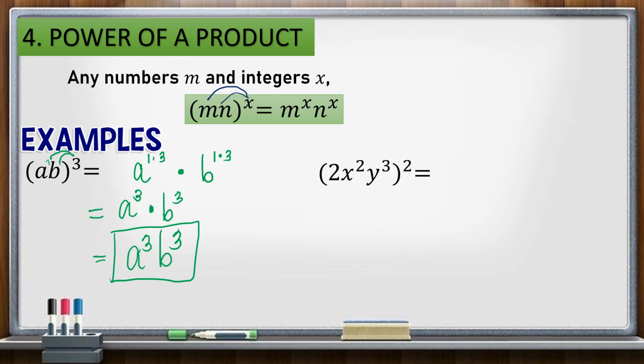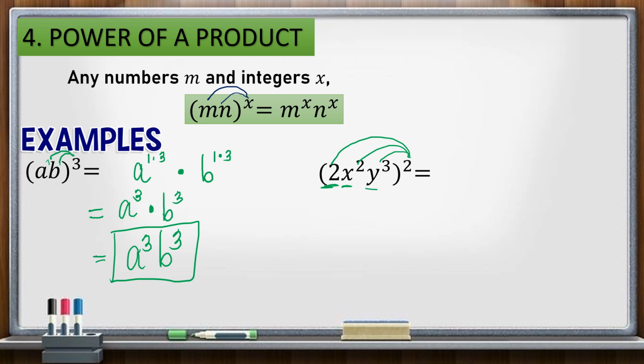Okay? So, all you have to do is to distribute the given exponent to each term or to each variable. You can see we have here our numerical coefficient, our variables x and y. So, we have to distribute our exponent to each variable inside the quantity.